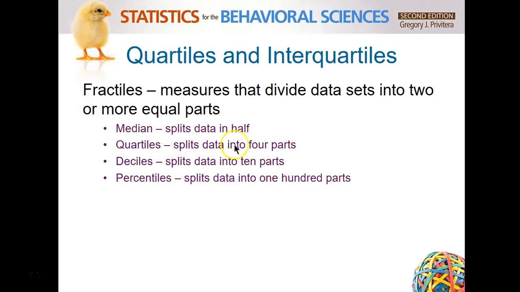This is very common, where the first quartile would be the first 25%, then the 50% quartile, 75%, and 100, and so forth. But percentiles split the data into 100 parts. Again, the quartiles are the most common, along with the median.